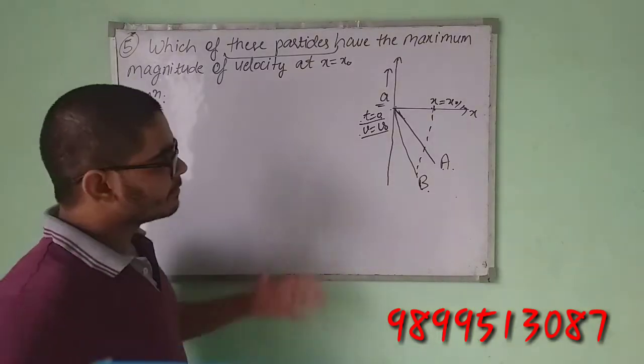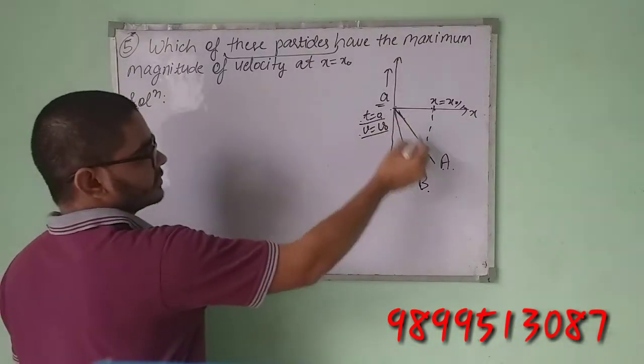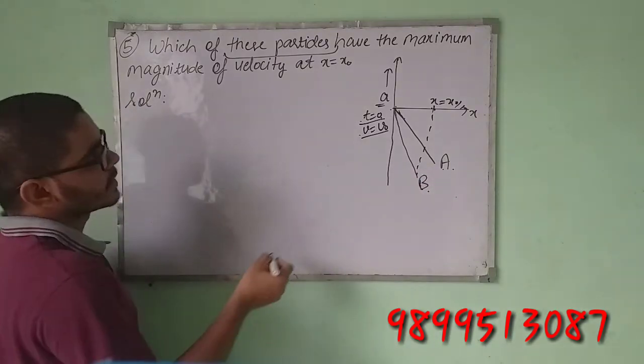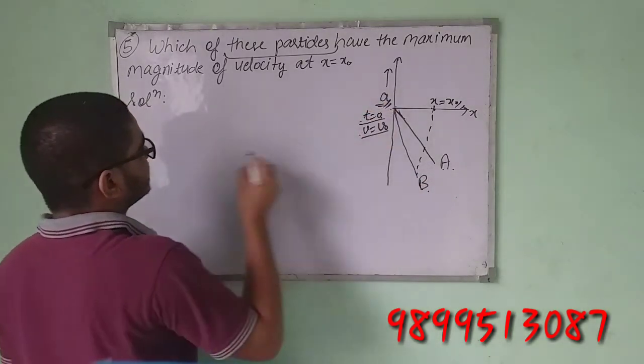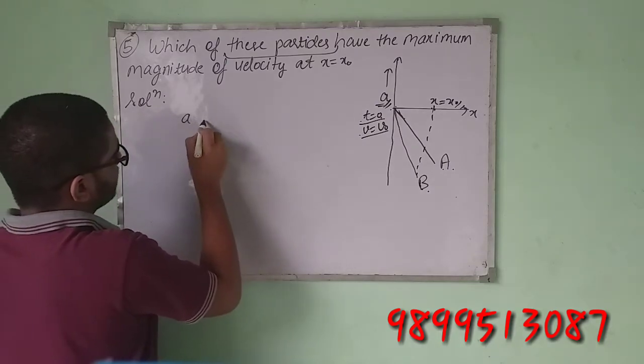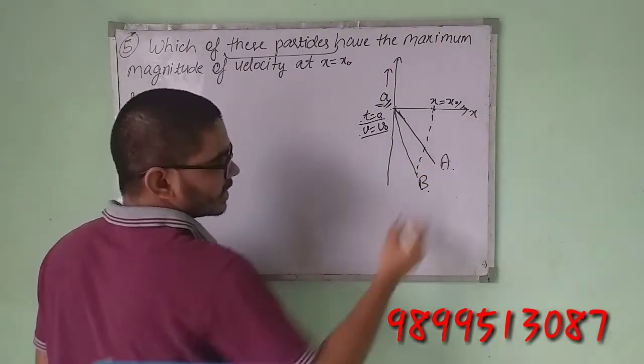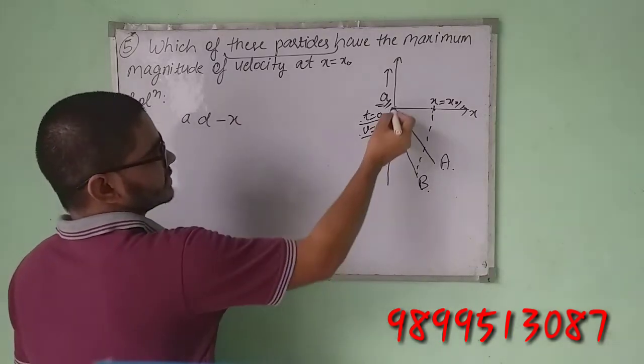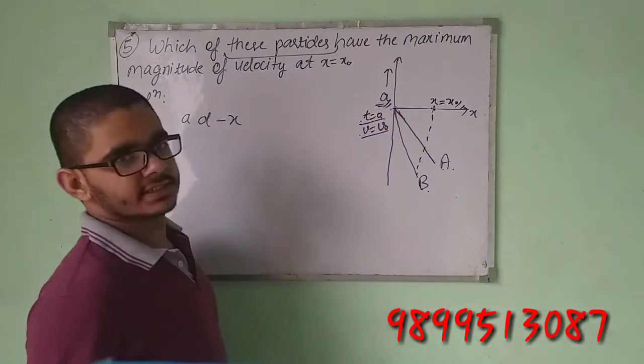Okay, from basic mathematics, we know since both of these paths followed by these two particles are straight lines, the variable on the y-axis, which is acceleration, is directly proportional to the variable on the x-axis, which is position, but with a negative sign because we are in the negative y-axis, right?